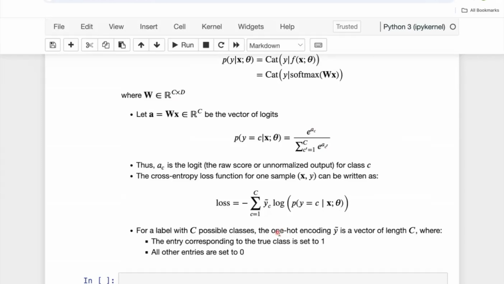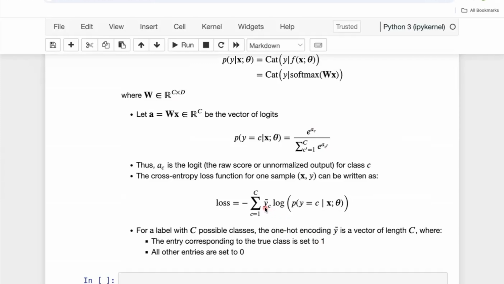This is what is known as one-hot encoding, right? So if you have, let's say, a 3-class classification problem, and the data point belongs to the first class, then you get 1, 0, 0. Or if that data point belongs to the second class, then you get 0, 1, 0, right? That's why they call it one-hot encoding, because there's only one element that is hot, which is 1, and the rest of them are zeros.